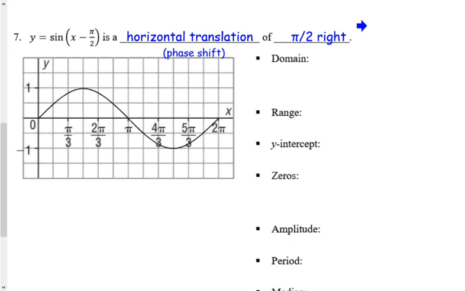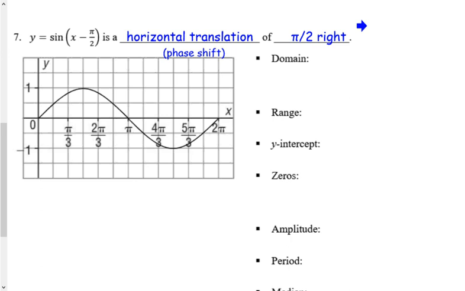So rather than vertical stretches, we'll talk more about how the amplitude has changed. Rather than horizontal stretches, we'll talk more about how the period has changed. Rather than horizontal translations, we'll talk about phase shift. And then for vertical translation, for some reason they pick vertical displacement. We'll get there in a moment.